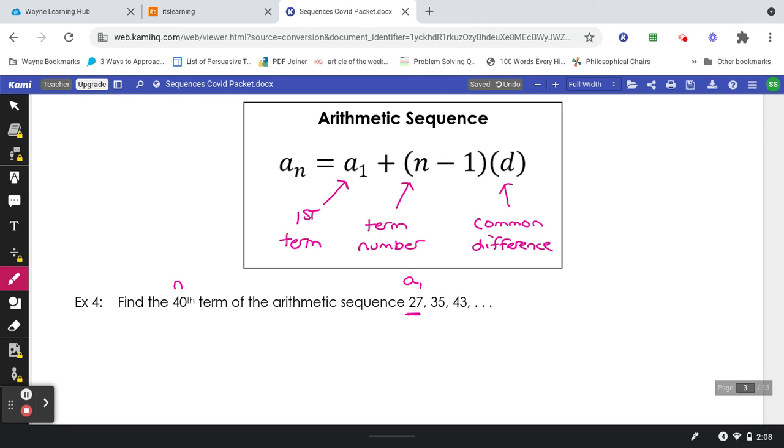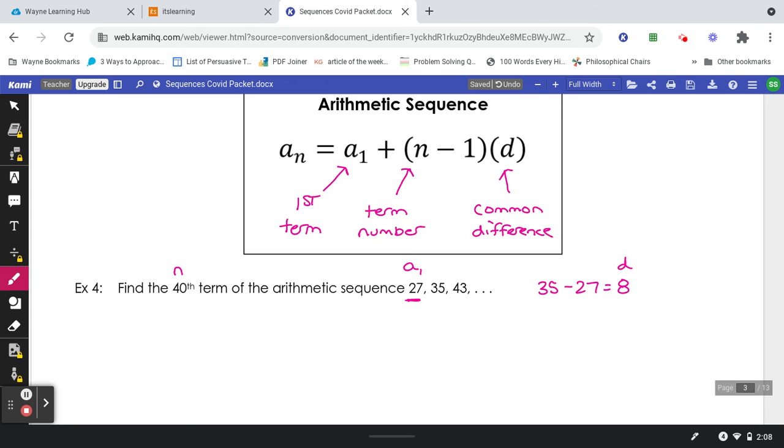And so we'll need to figure that out before we get started with the formula. So 27 jumping to 35, jumping to 43. I'm going to subtract the second one minus the first one. That'll give me an answer of positive 8, which means I'm adding 8 as I go from one term to the next. That'll be my common difference.